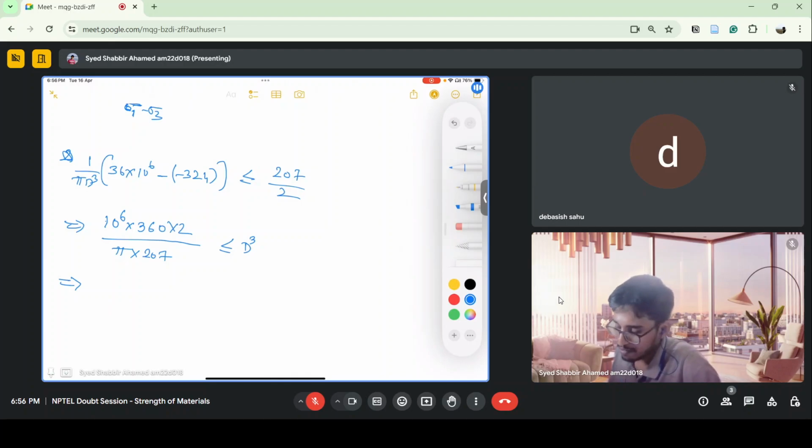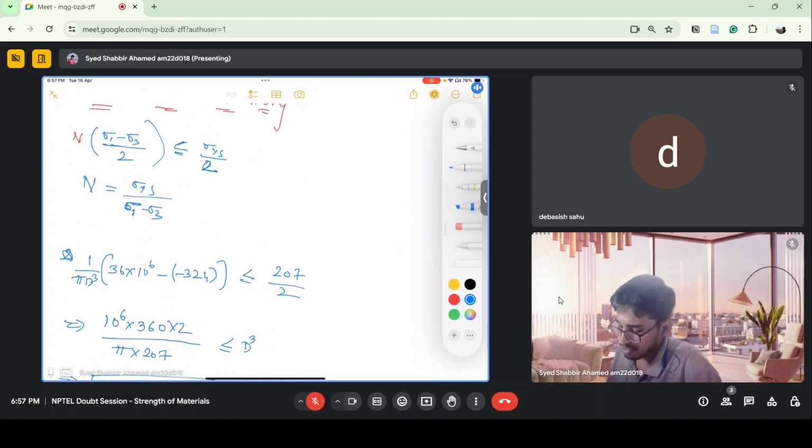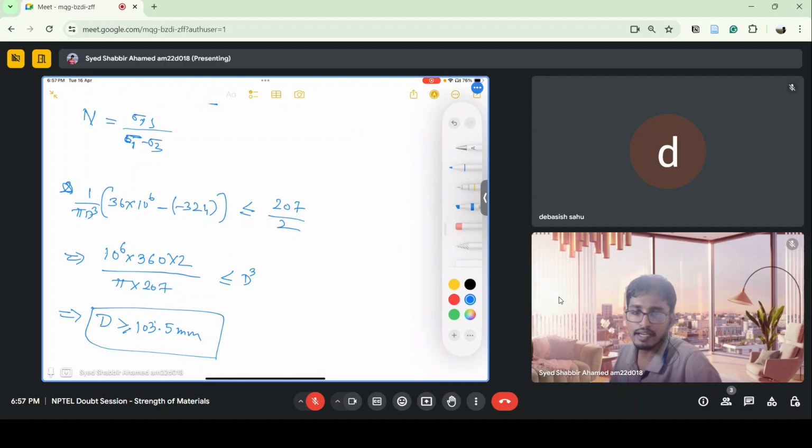Okay, so now if I take the cube root of this, I get d should be greater than or equal to 103.5 mm. So using the maximum shear stress theory, I get this diameter.